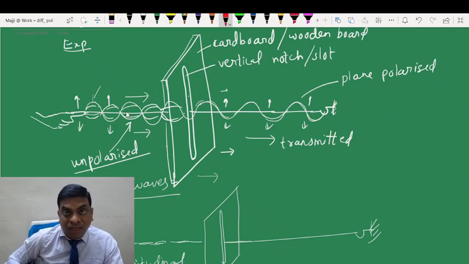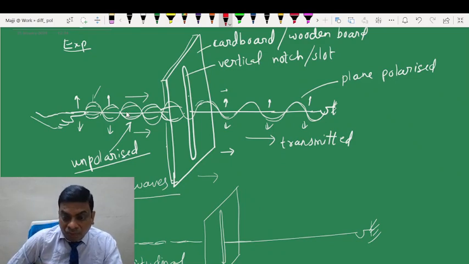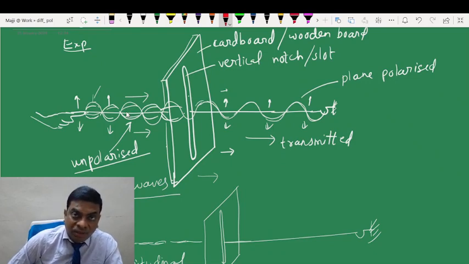And as a matter of fact, all the phenomena exhibited by light, namely reflection, refraction, dispersion, polarization, everything is mainly due to its electric field, even though magnetic field is also there. So we will always focus on electric field. Unless otherwise specified, we will always concentrate on electric field, even though magnetic field is also present at right angles to electric field.